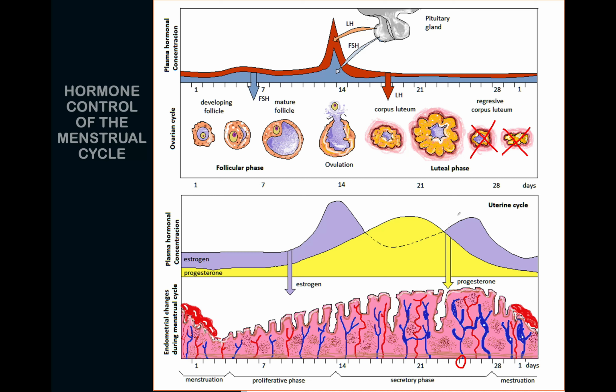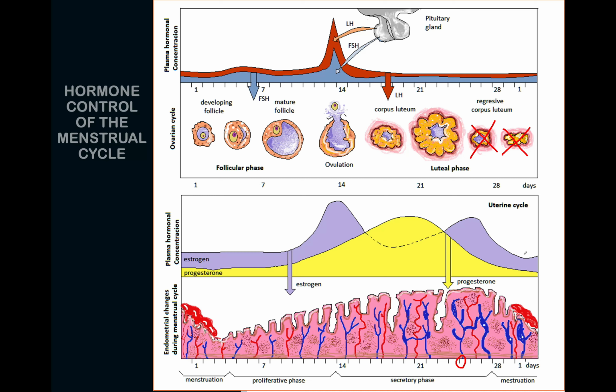Well, the production of the estrogen as well as the progesterone now are going to start to decrease. Why? Because the corpus luteum is responsible for secreting progesterone and small amounts of estrogen as well. So if the corpus luteum degenerates and breaks away, you will find that the levels of the progesterone and the levels of the estrogen start to decrease because the corpus luteum is not there anymore to secrete these hormones.